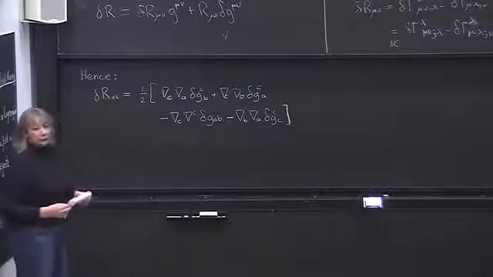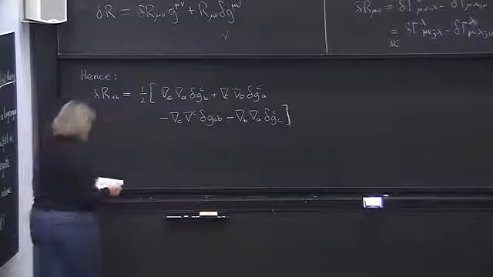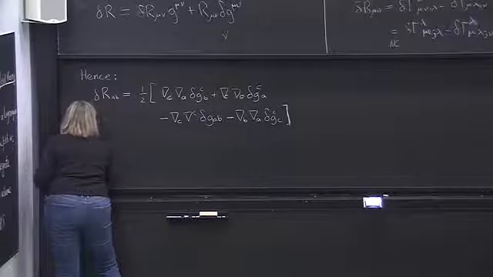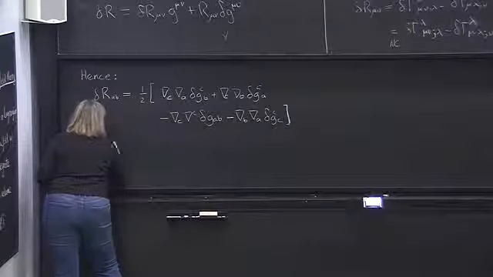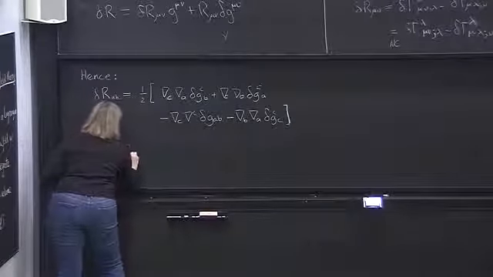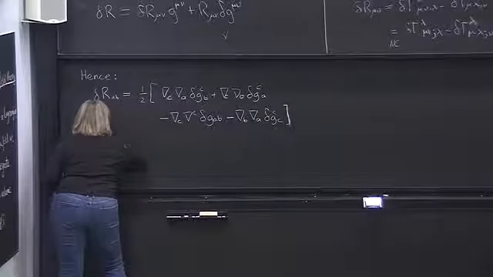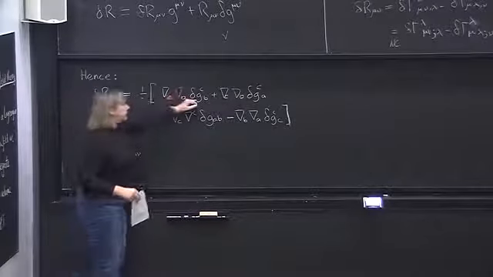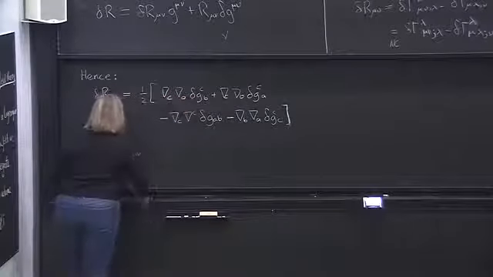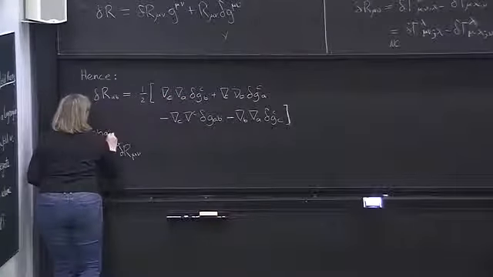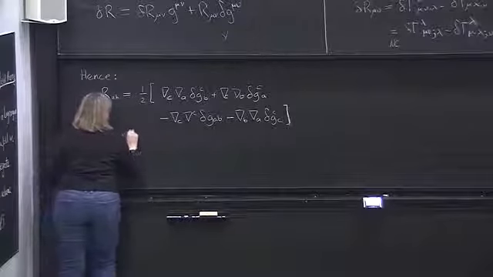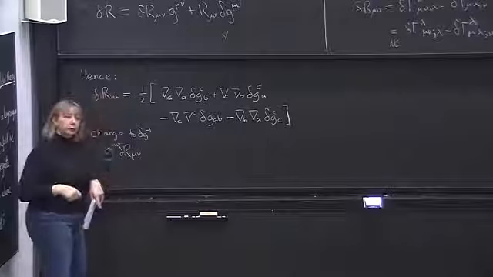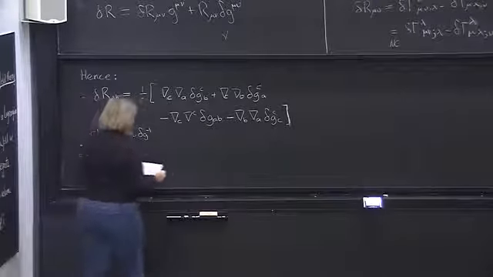All right, so this is an expression for the variation of the Ricci tensor, and therefore G mu nu delta R mu nu. And changing, this is the variation of G, and I want to express it in terms of delta G inverse.